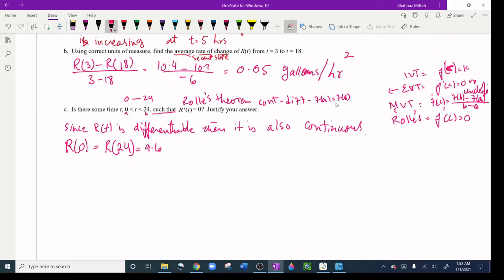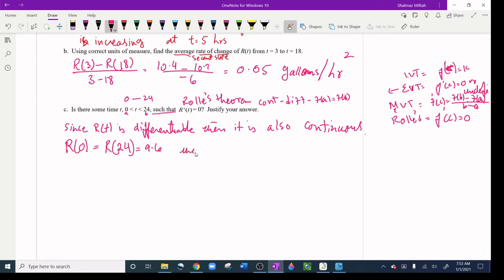So all three conditions are there for Rolle's theorem. So it means there is at least one t between 0 and 24 such that r prime of t equals 0. That's how we're going to say it.